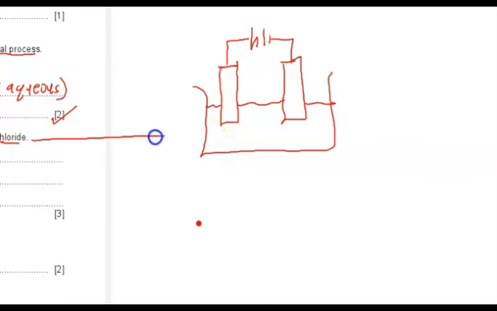This part is the concentrated sodium chloride. Here we have the ions: sodium, hydrogen, chloride, and hydroxide.